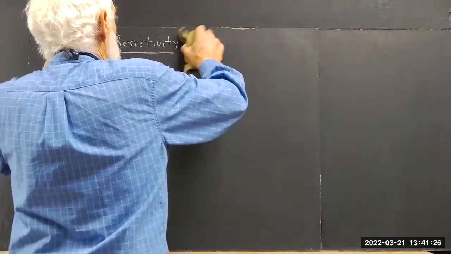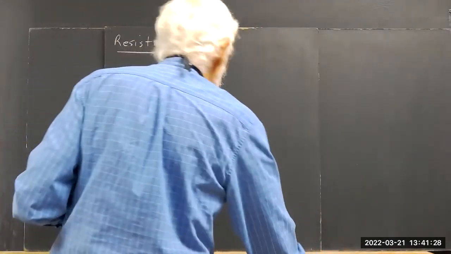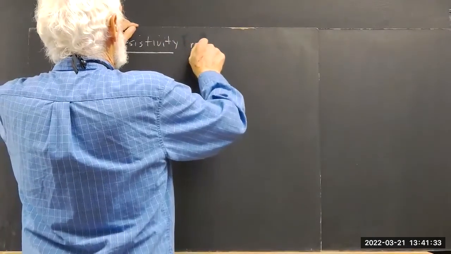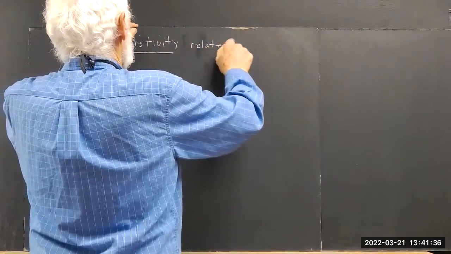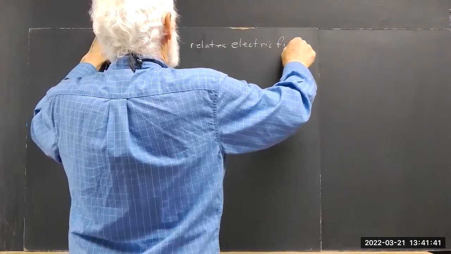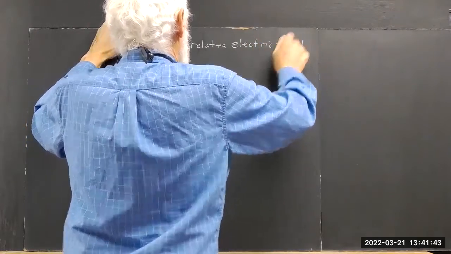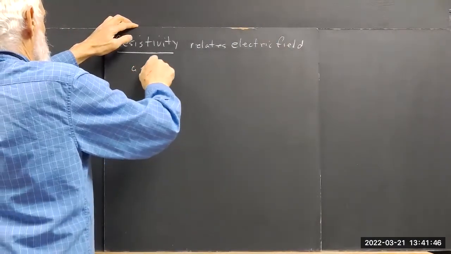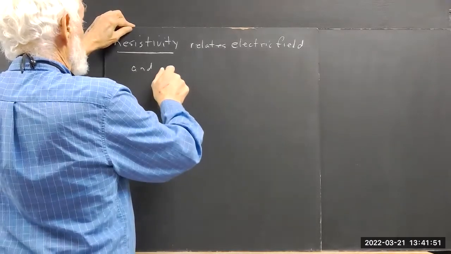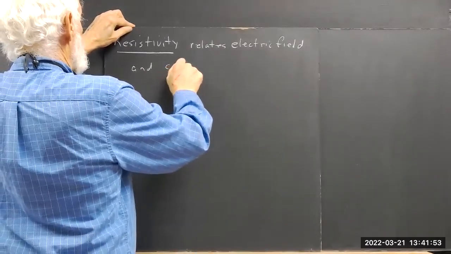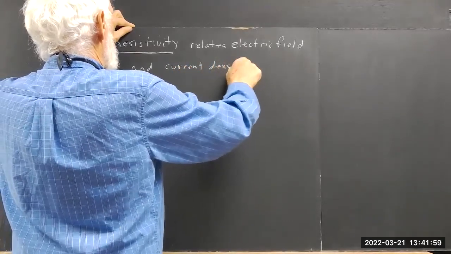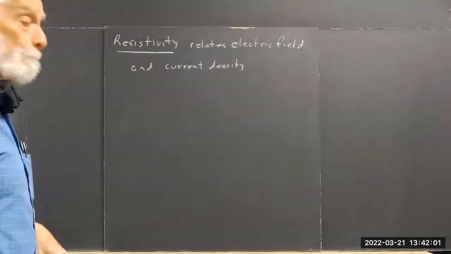Resistivity relates electric field and current density.